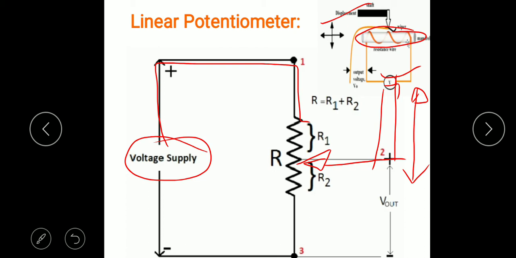Okay, so what will happen when the shaft moves, that time the wiper also will move. Consider the shaft is moving in this direction. So that's why the wiper also will move in an upward direction.